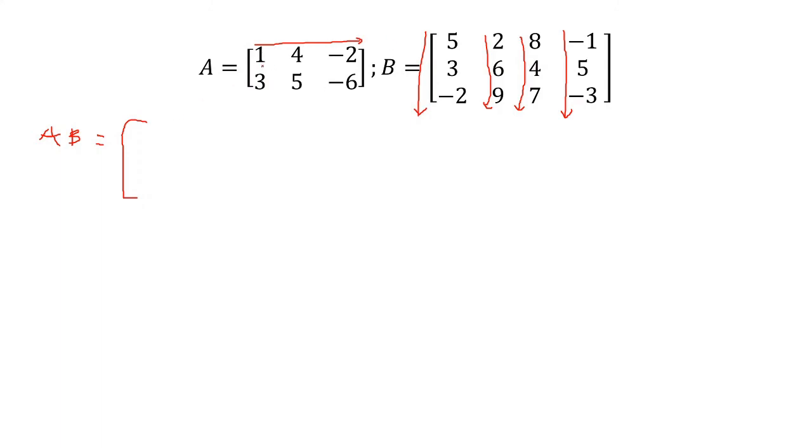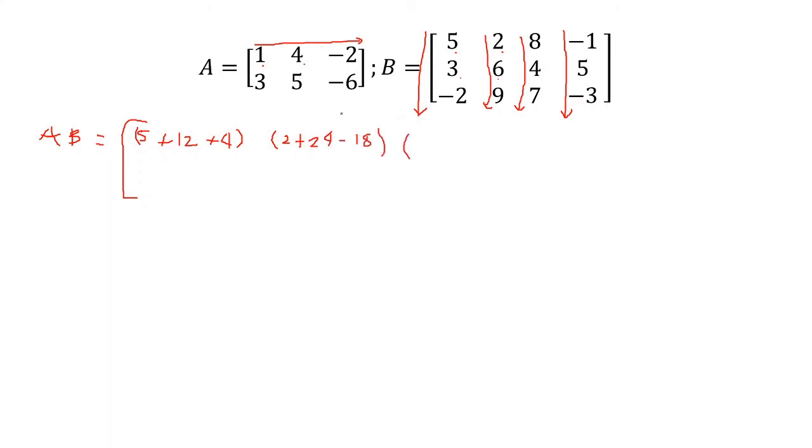Okay, first is 1 times 1, 1 times 5 is 5. 4 times 3 is plus 12. Then negative 2 times negative 2 is plus 4. Then 1 times 2 is 2, plus 4 times 6 is 24, negative 2 times 9 is negative 18.